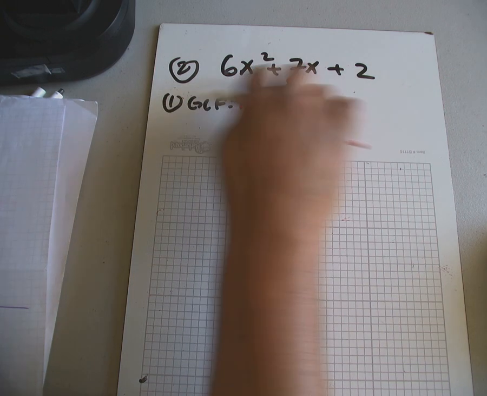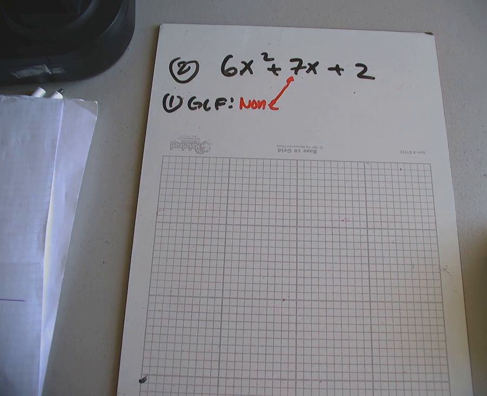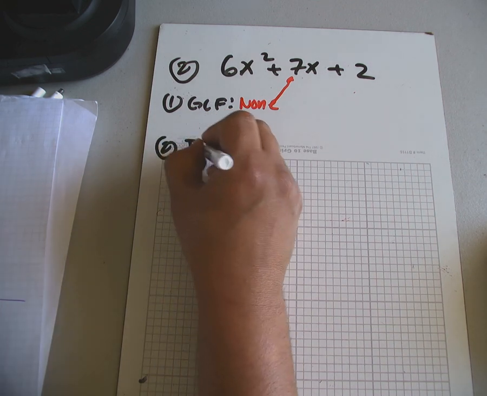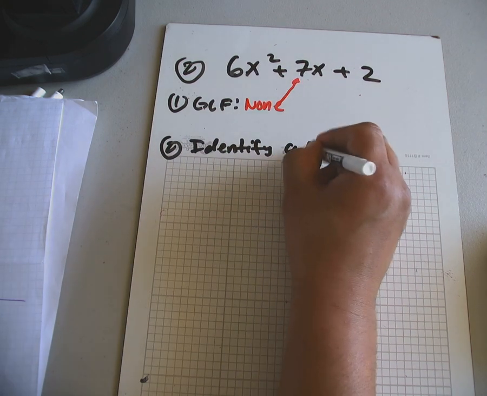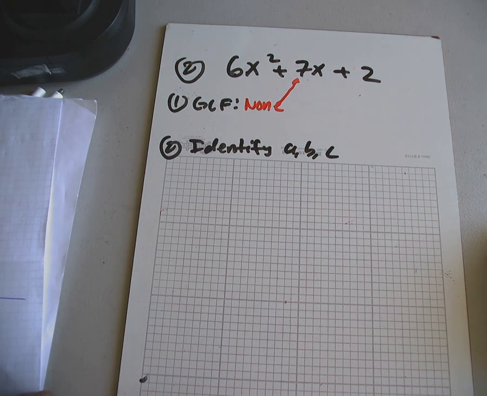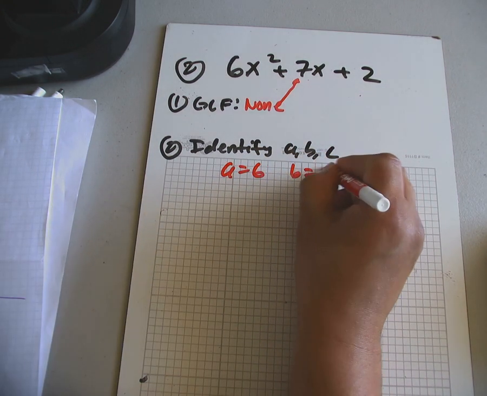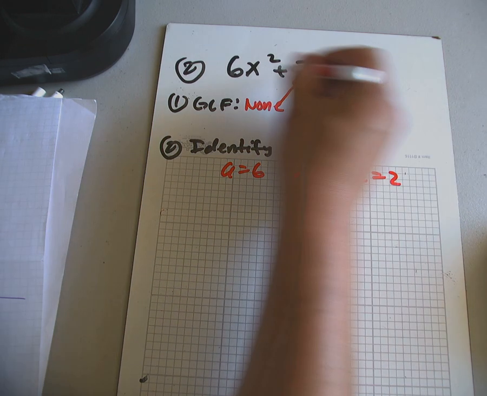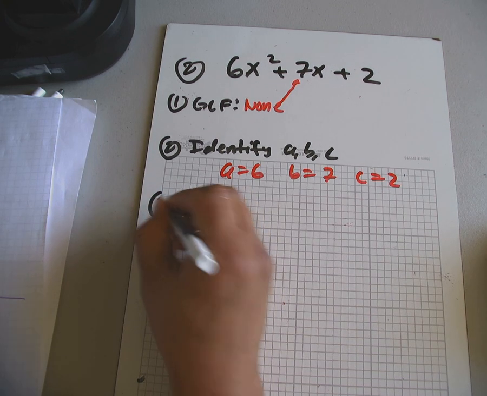All right, so number 2 is to identify A, B, and C. My A is 6, my B is 7, and my C is 2. They come from here. My step number 3 is going to be the X method.